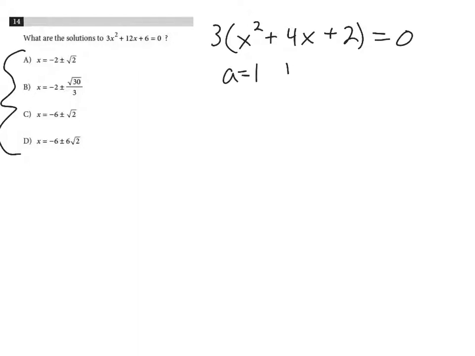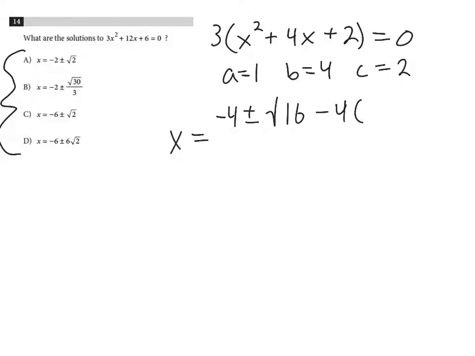A equals 1, B equals 4, and C equals 2. I know that x equals negative b, so that's going to be negative 4 plus or minus the square root of b squared, which is going to be 16, minus 4 times a times c.